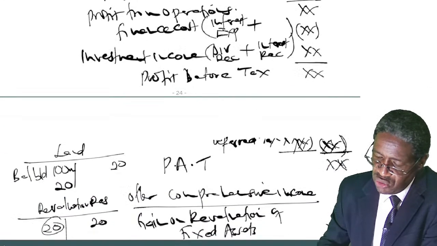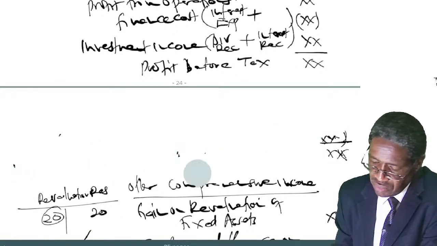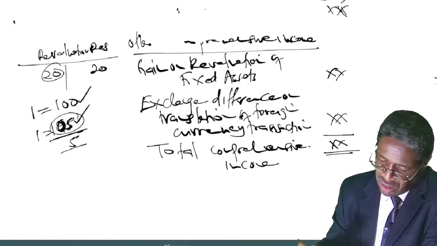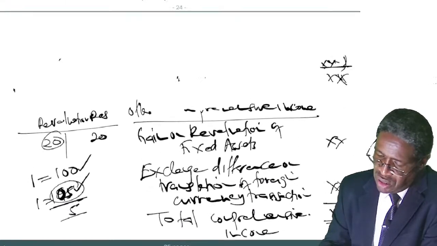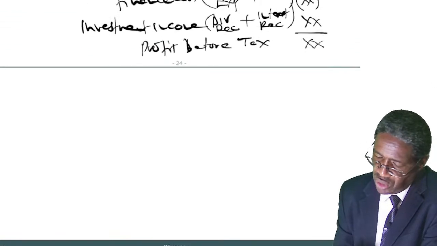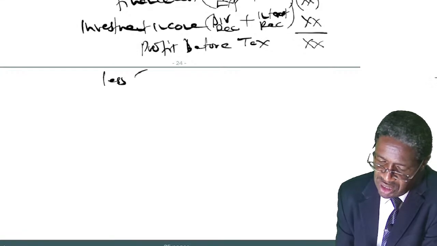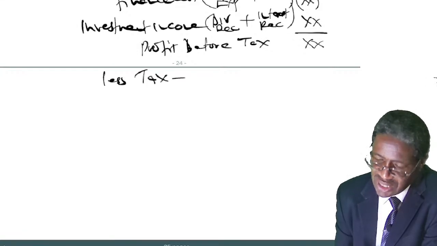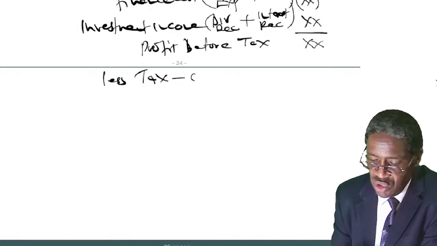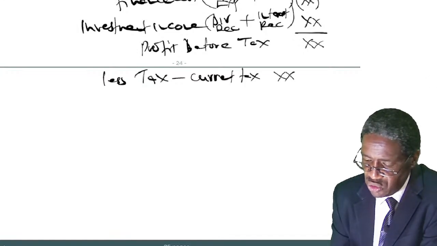Then you minus the tax now. You come and say less tax. For tax, you have what we call current tax. Put it on the inner column.